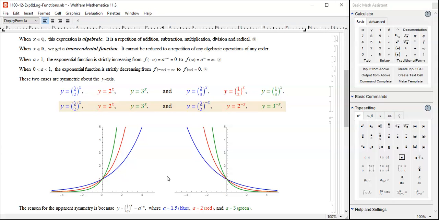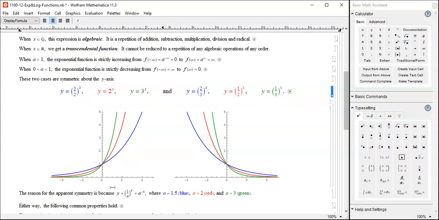Another conclusion you can draw: 95% of the time, maybe I'm exaggerating, 90% of the time we're going to do this when a is greater than 1, because this case can be done by doing all these, completing the problem, and then simply taking the reciprocal and flipping, and we have this.